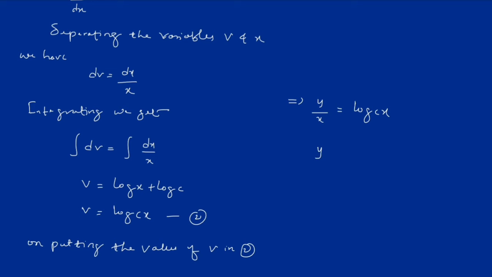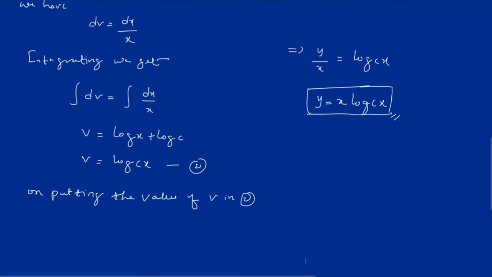Therefore y = x log cx, which is our required answer of this given differential equation. Got it? Initially just find out whether it is homogeneous or not. Later on, as usual, use the variable separable method, separate the variables and integrate, and finally substitute the value of v. So finally we get the solution of that differential equation.